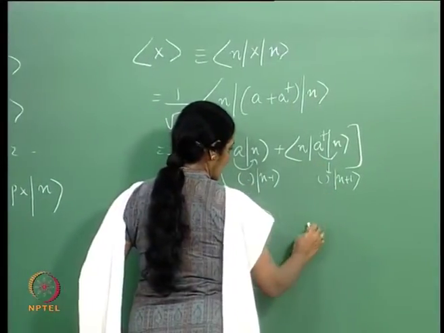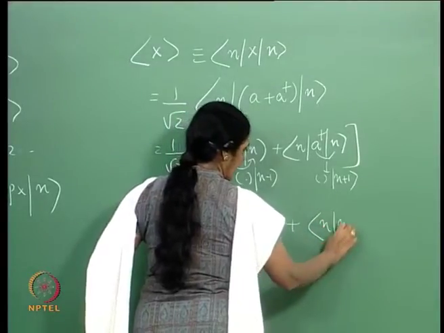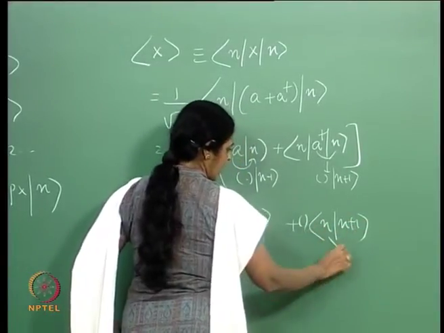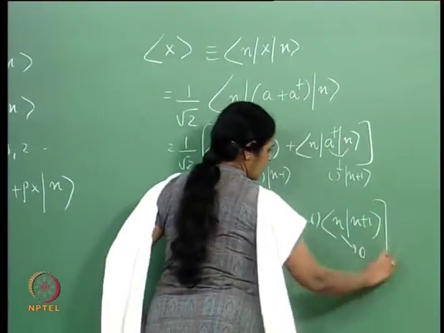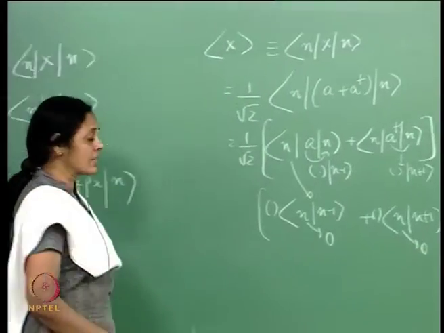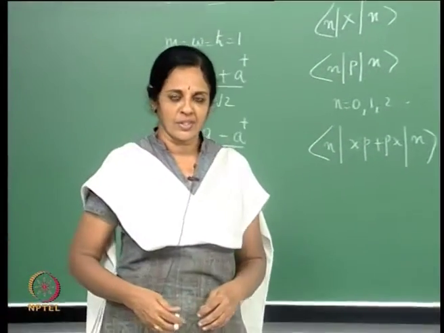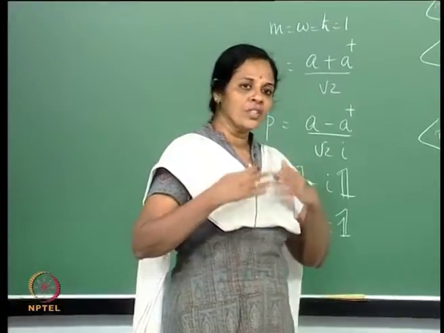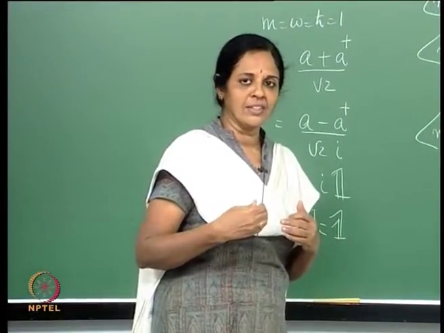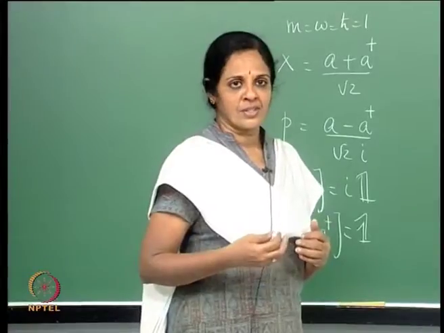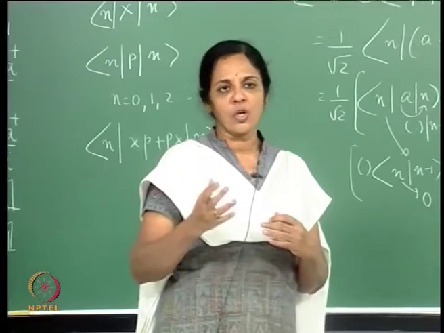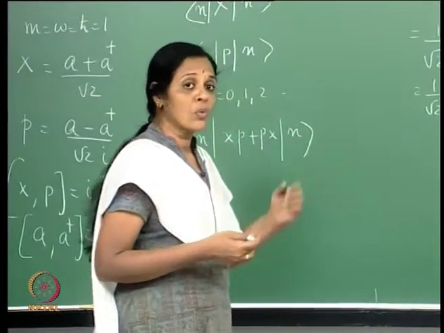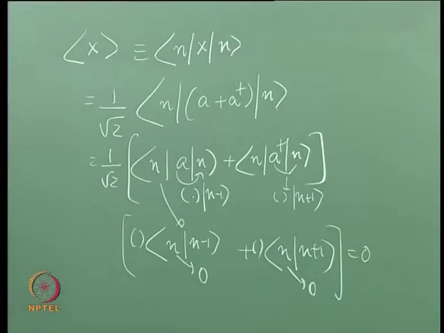Similarly, this would be n with n plus 1, and that is also 0, and therefore the expectation value of x in any state of the harmonic oscillator, by state I mean one of the natural basis states in that linear vector space or the Fock states. In quantum optics language you would refer to them as the photon number states and x as a quadrature variable. So the expectation of x is 0.